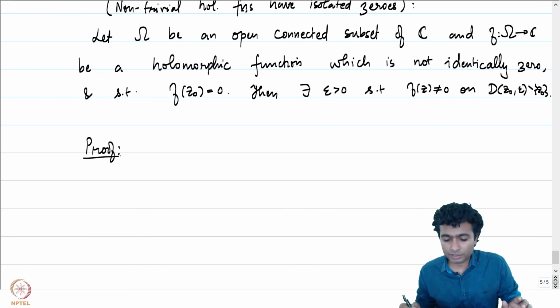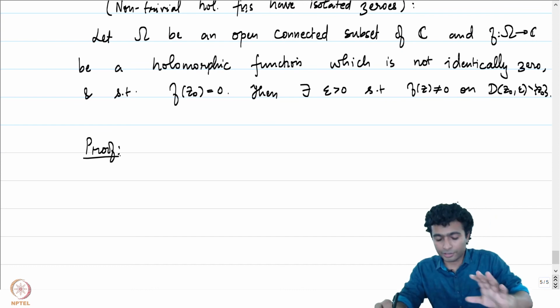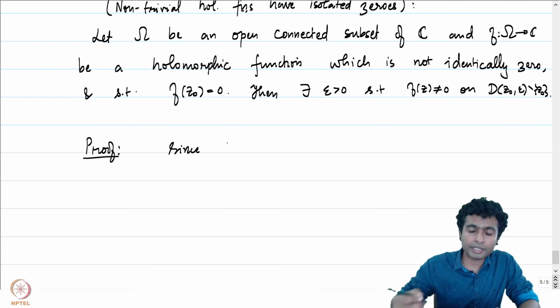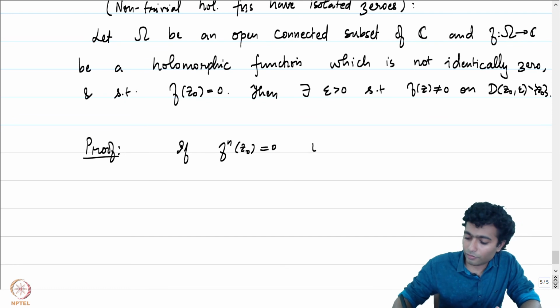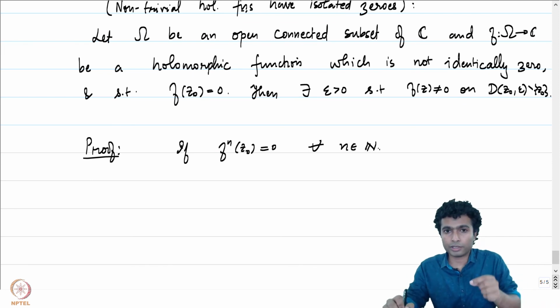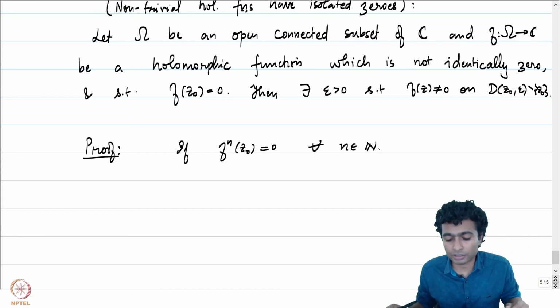The first observation is that at the point z0, all derivatives will not vanish. Since f is not identically equal to 0, if f_n of z0 is equal to 0 for all n in natural numbers, that would just mean that the power series expansion of f in a neighborhood of z0 will have all coefficients equal to 0, and therefore in that neighborhood it would be equal to the 0 function.